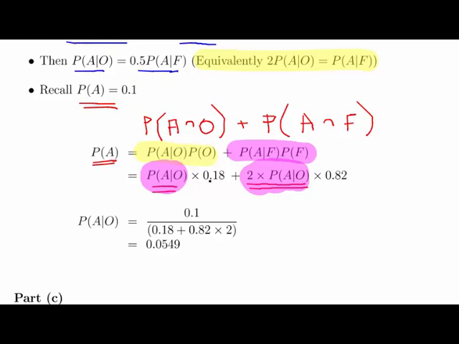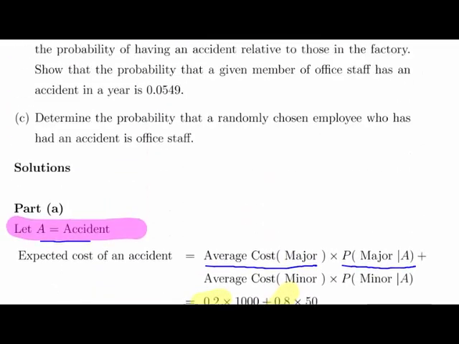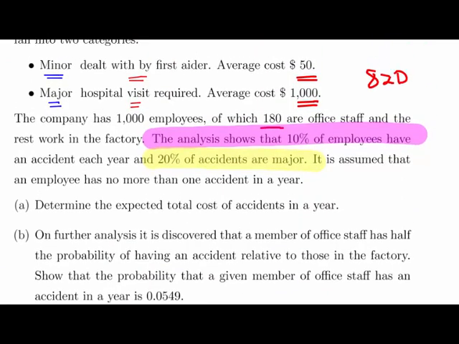So essentially what we have here is the probability of A given O times 0.18 plus 2 times the probability of A given O times 0.82. Remember, we have 820 of our 1000 staff are factory staff. That's where that comes from. Let's go back up here and double check that. So that's what we're told: 180 are office staff, 820 are factory staff.